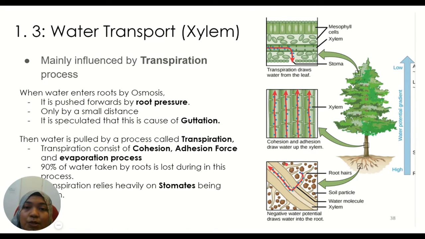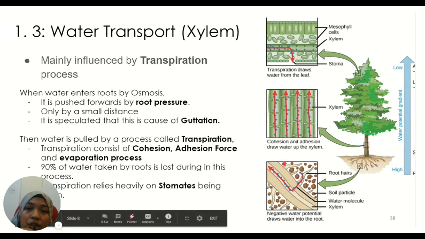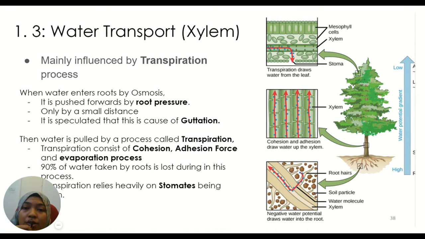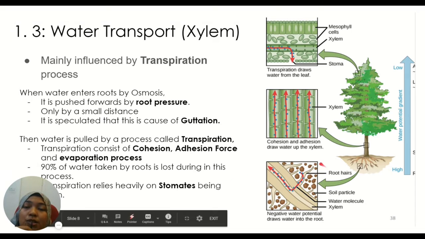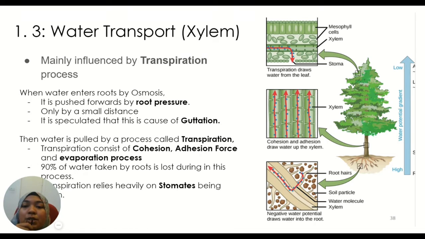Through osmosis, a new pressure will form, which is root pressure, and this root pressure will push the water in the roots up a bit until the stem, where it will be carried by the transpiration force. It is also speculated that the root pressure is the cause of guttation. Guttation is when water droplets form at the edges of the leaves.